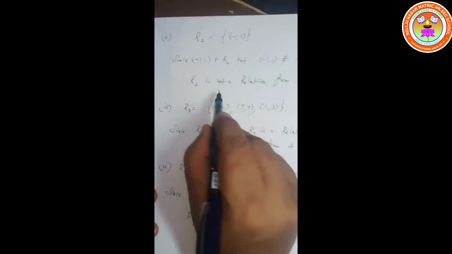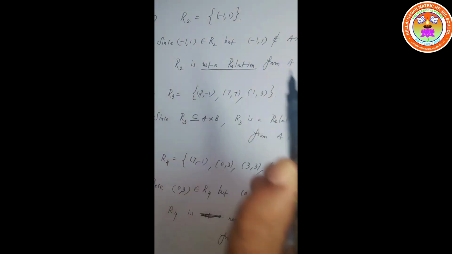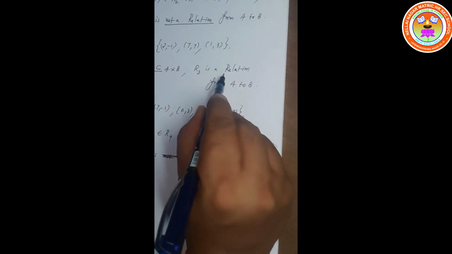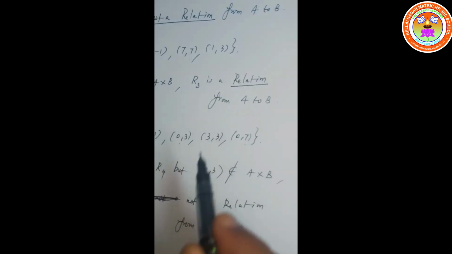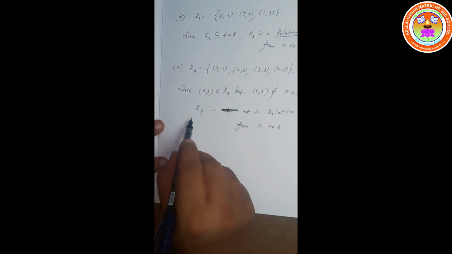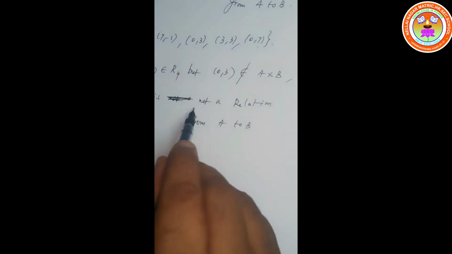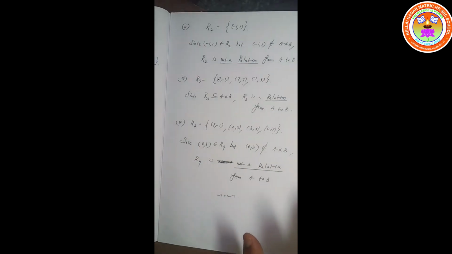Second subdivision also not a relation. Third subdivision is a relation, R3 is a relation. And fourth subdivision, R4 is not a relation.